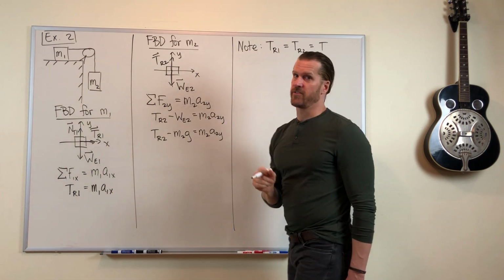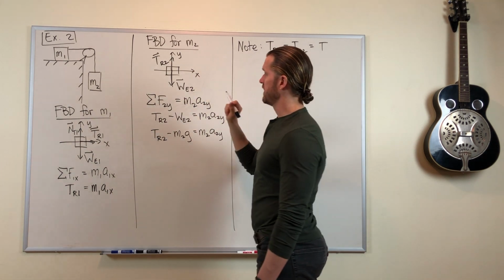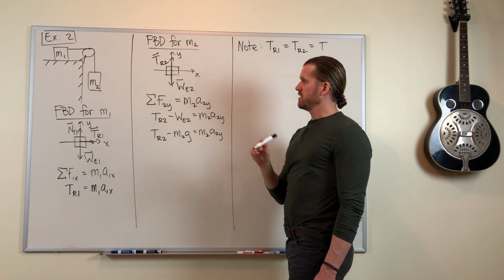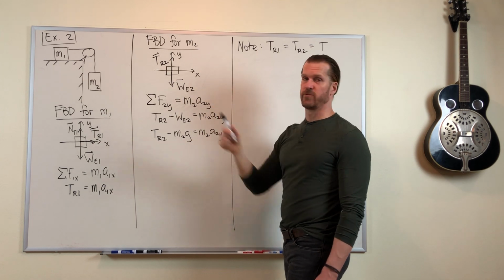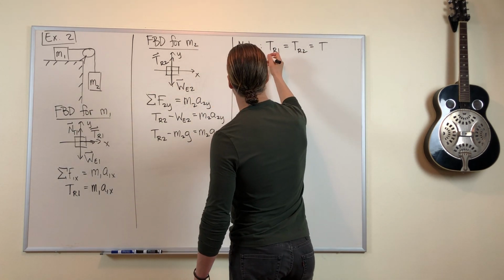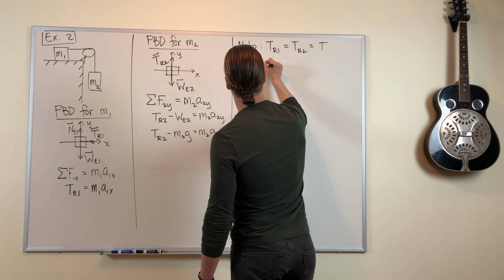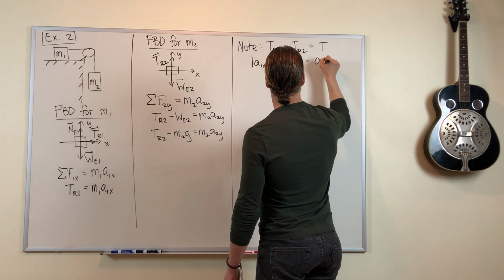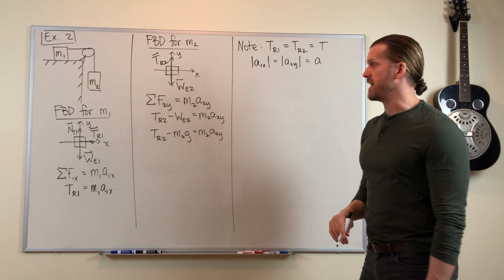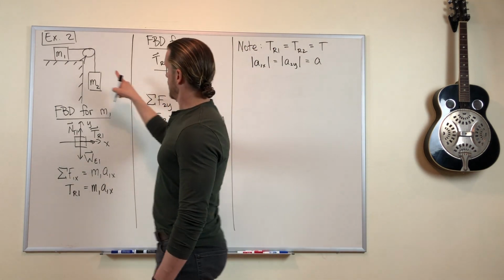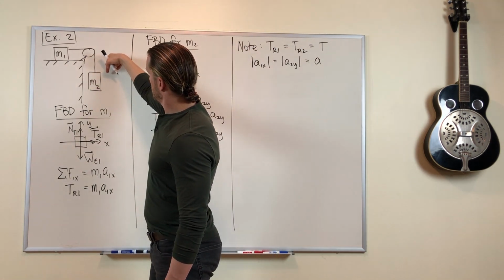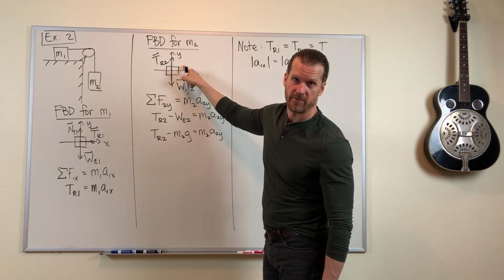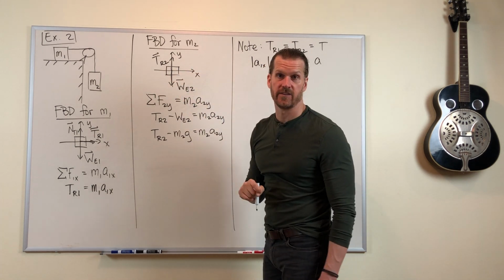And now the slightly trickier thing to note is that both objects have the same magnitude of acceleration, but we need to pay attention to how we drew the coordinate systems. So the magnitude of a1x equals the magnitude of a2y. We'll just call that A. But if mass 2 is going down, in the coordinate system we set up for mass 2, down is the negative y direction.